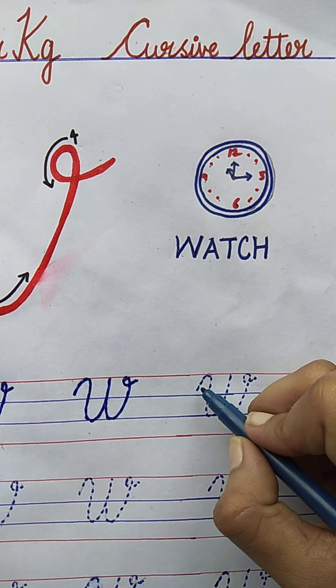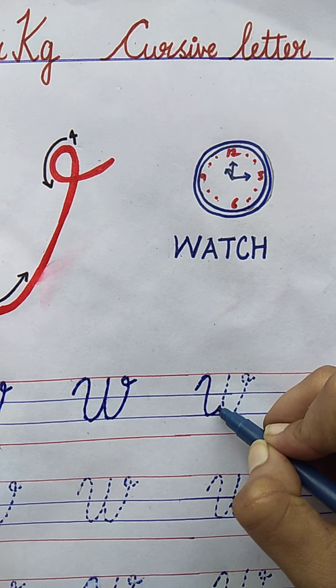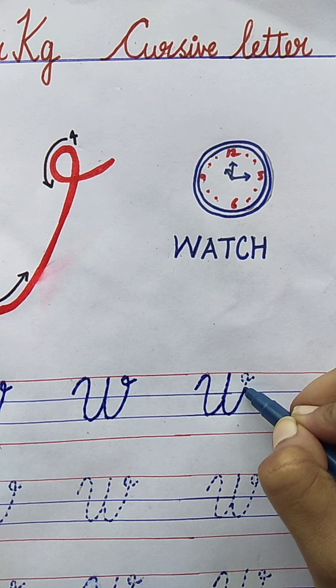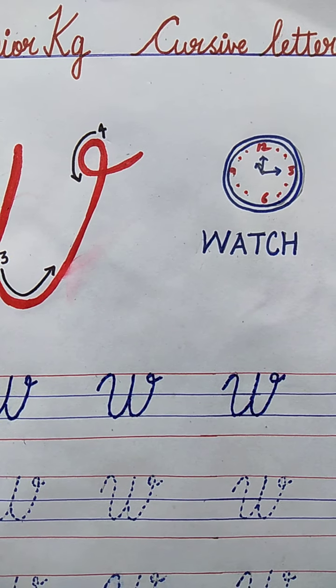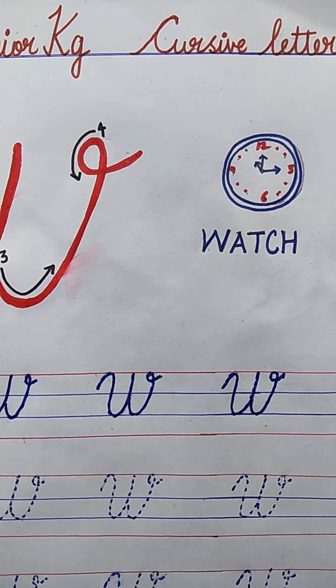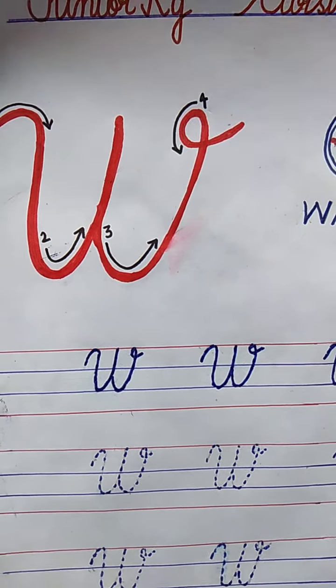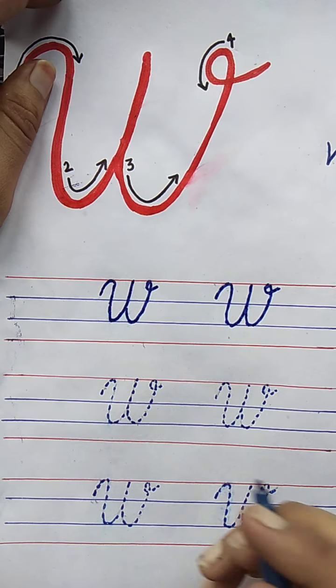Now see here again, curve, slanting line, curve, slanting line, one more curve, slanting line and a loop. W for watch. You have to speak with me. W for watch. Now see here again.